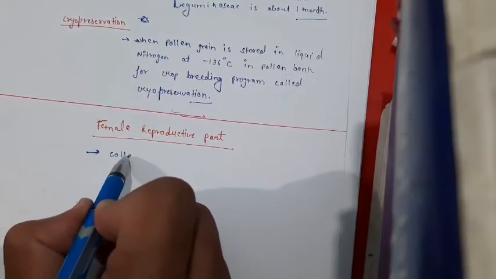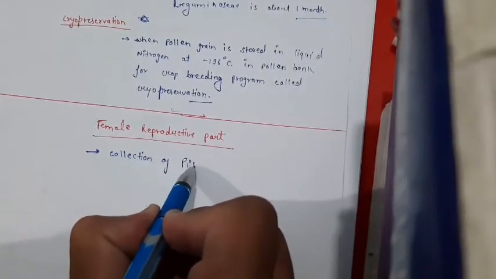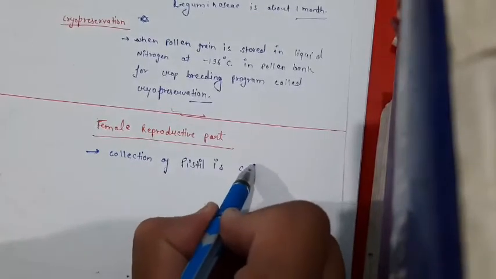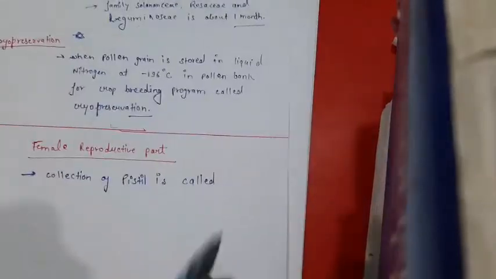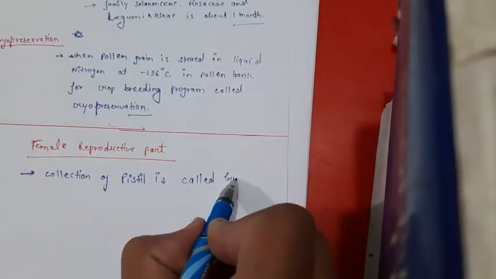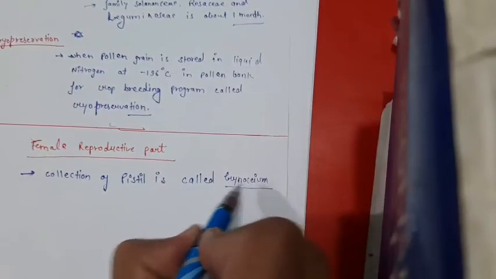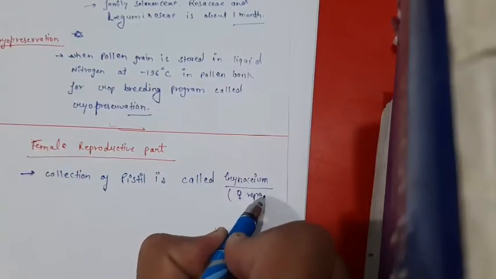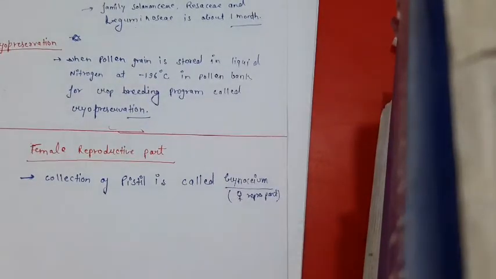So the collection of pistil is called gynoecium. Gynoecium is called the female reproductive part.